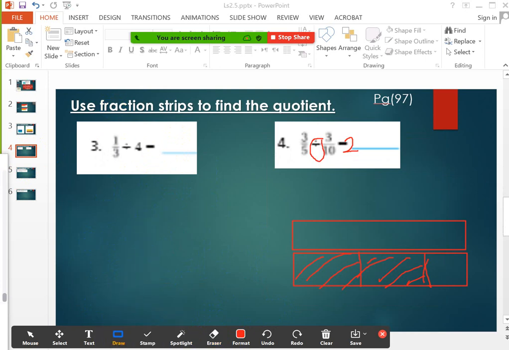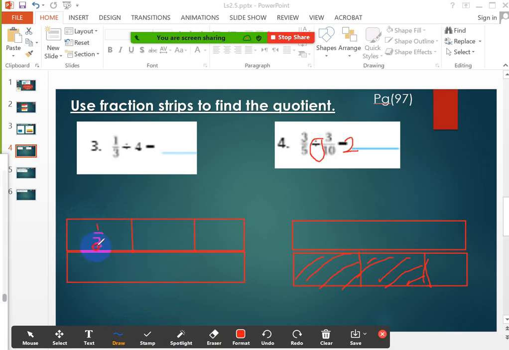So I have to draw the 1 over 3. Okay, this is 1 over 3. 1 over 3 means 1 part of 3 parts. Girls, please focus with me. This is 1 over 3.